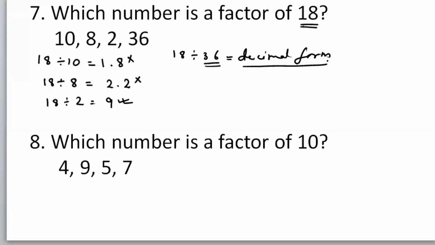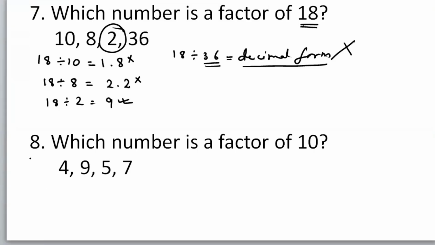So this will not be a factor of 18. So what is the factor of 18 here? It is 2. So our answer will be 2. Okay, understand how we can find the factors of 18 here?